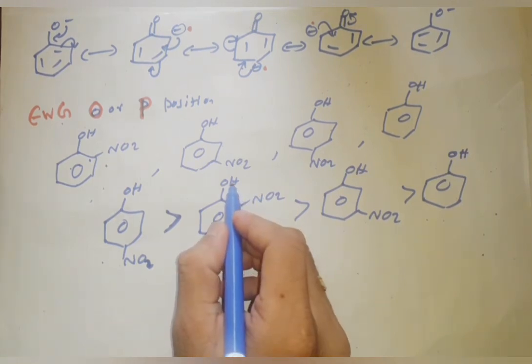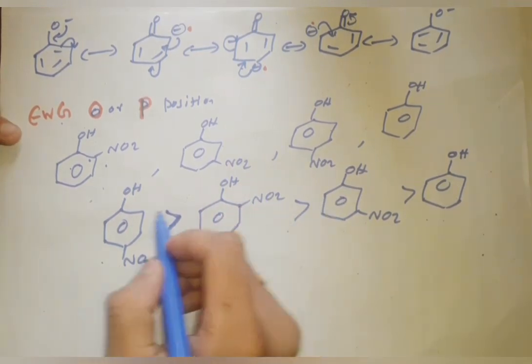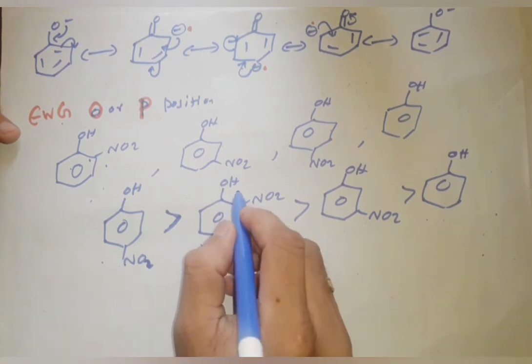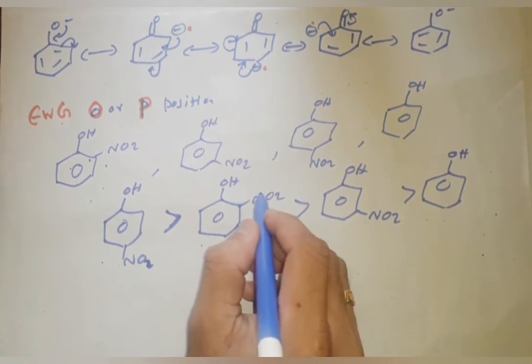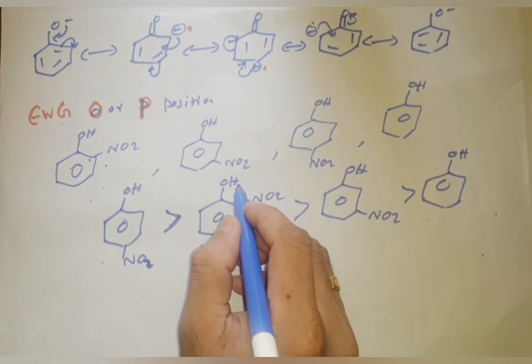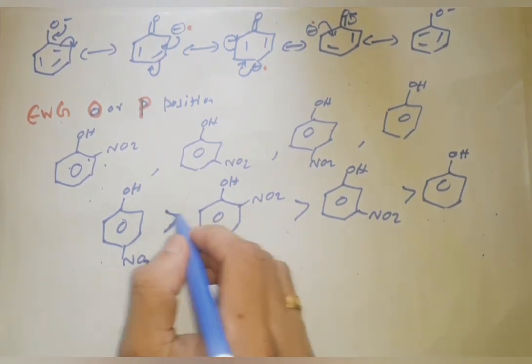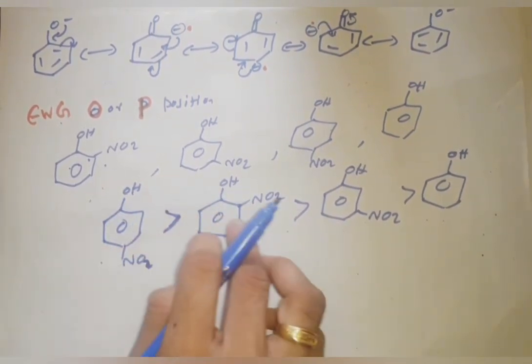So the hydrogen atom of this OH is tightly attached, and the removal of hydrogen is comparatively difficult. That's why paranitrophenol is more acidic than orthonitrophenol.